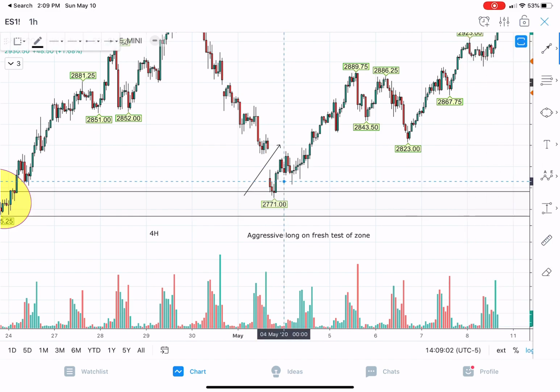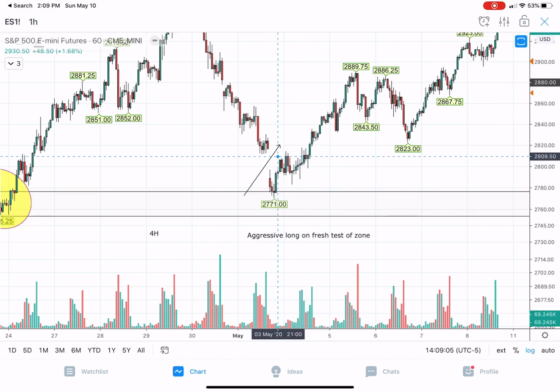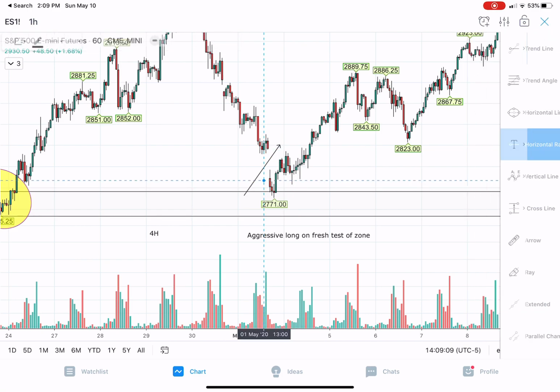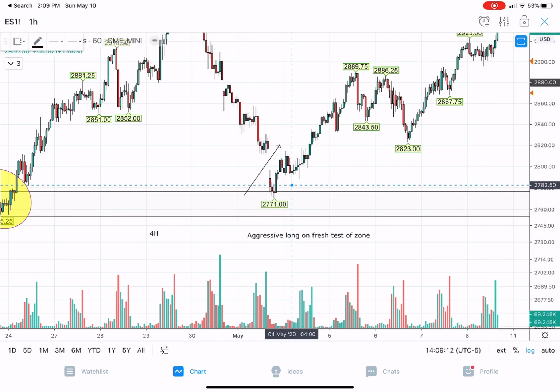And then look what happens. As always, you get your retracement, but it prints a higher low right there.